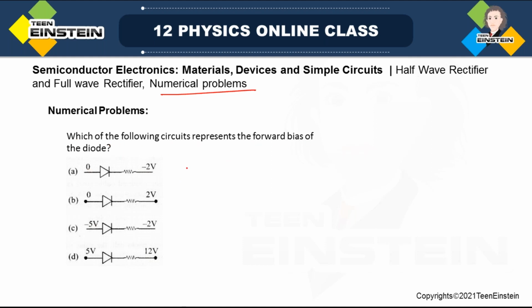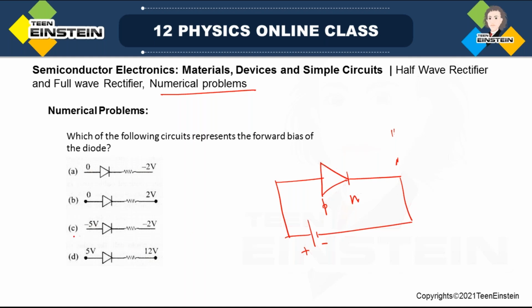Which of the following circuits represents a forward bias? We have seen that when the P side is connected to the positive terminal and the N side is connected to the negative terminal, that type of biasing is called forward biasing.